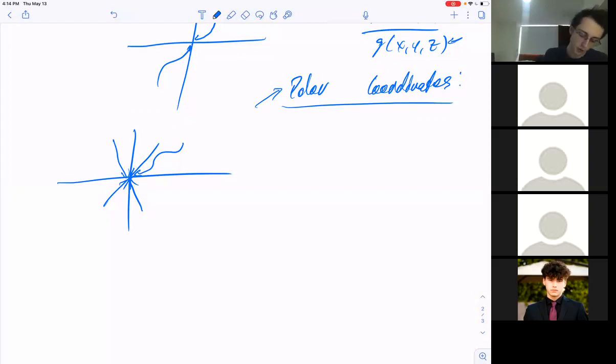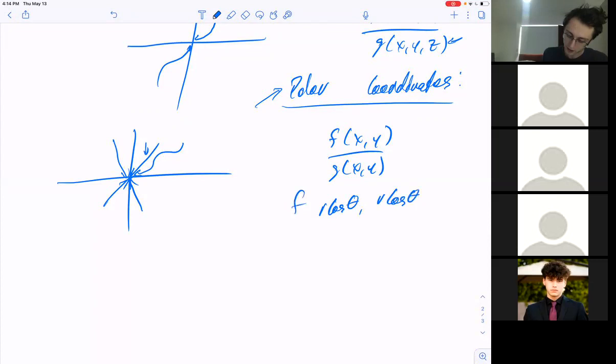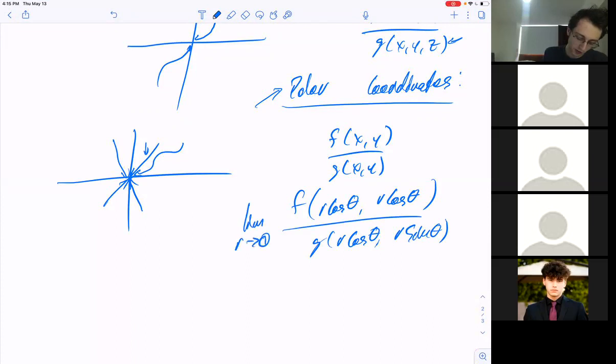The way that you check all of the linear curves is, if you have a function of, we'll just start with x and y, g of x and y, then you plug in r cosine theta for x and r sine theta for y, so g of r cosine theta, r sine theta, and then you take the limit as r goes to 0, because taking the limit as r goes to 0 is the same as going to the origin.